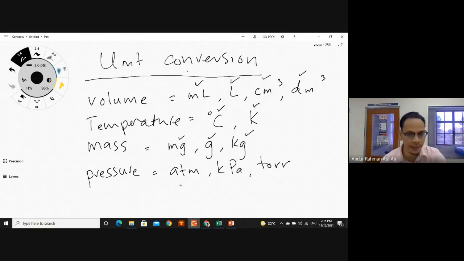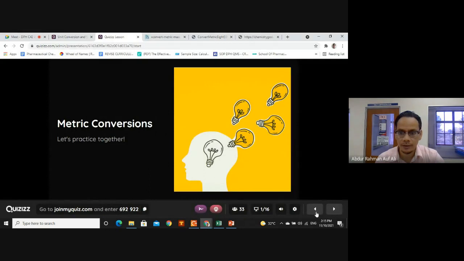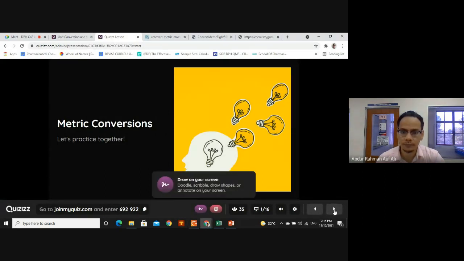Kalau pressure, tekanan, we use atmospheric pressure, ATM, kilopascal and torr. Ada setengah yang lain lagi, millimeter of mercury, mmHg. Alright, so this is pertama the set of skills yang saya nak kamu mahir by the end of this chapter. Okay, so with that in mind, to move forward.